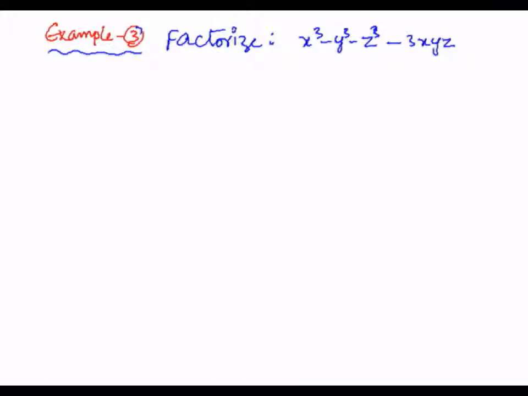So here we have to factorize the expression or polynomial x cube minus y cube minus z cube minus 3xyz. In this case, this is the given polynomial.